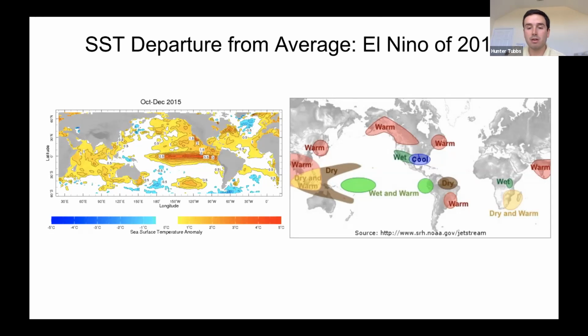During La Nina or ENSO cold phase, these conditions are about opposite. It's also important to note that these can alter tropical cyclone environmental conditions. For example, during this El Nino year, there was a huge increase in tropical cyclone activity across the eastern tropical Pacific Ocean, which broke a lot of records actually.